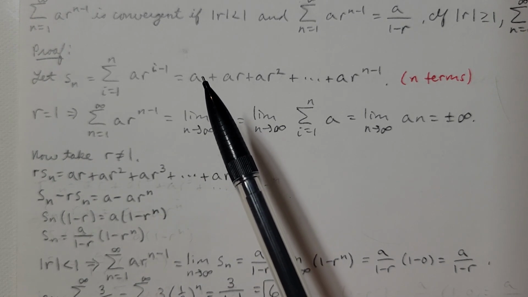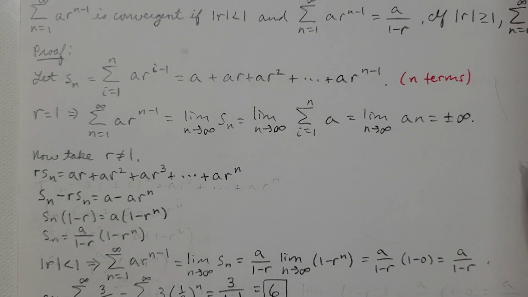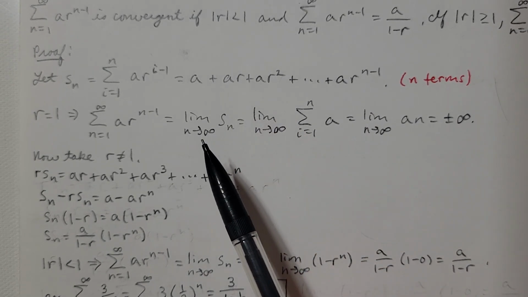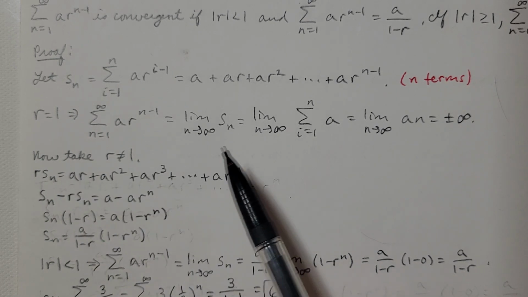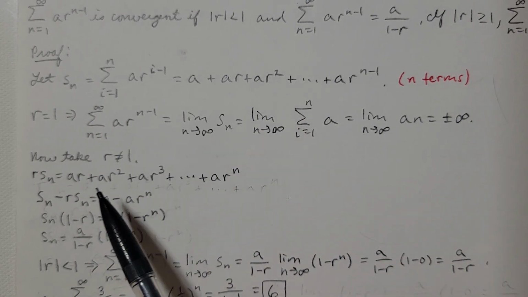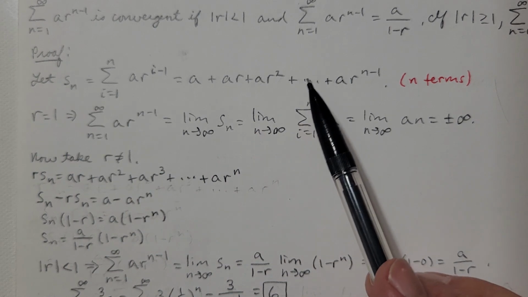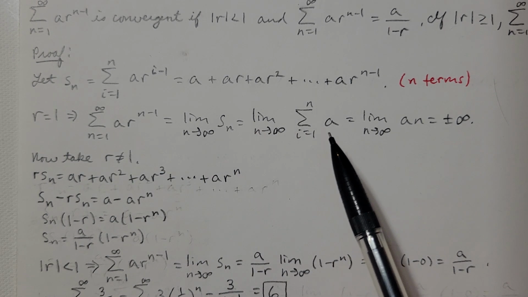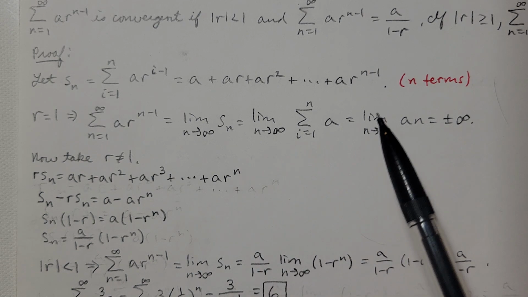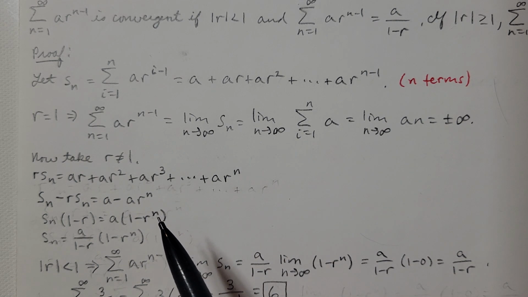So I'm looking at a, and then a times r minus a times r, that's 0. ar squared minus ar squared, that's 0. ar cubed minus ar cubed, that's 0, right? And so these terms are going to cancel except for the last one, okay?